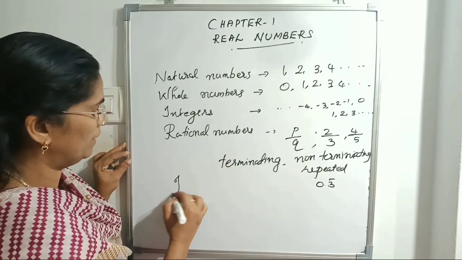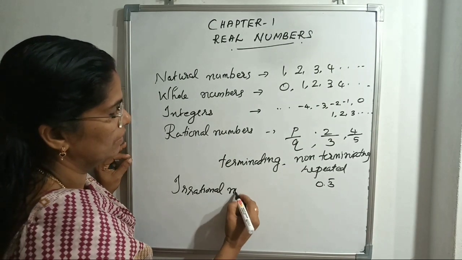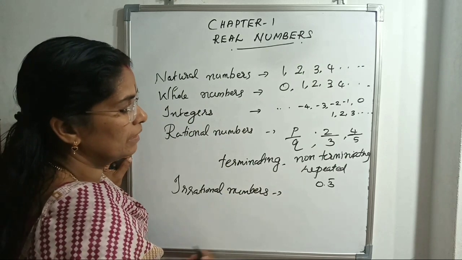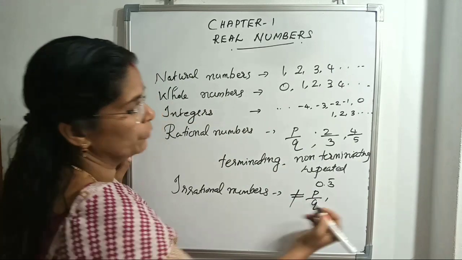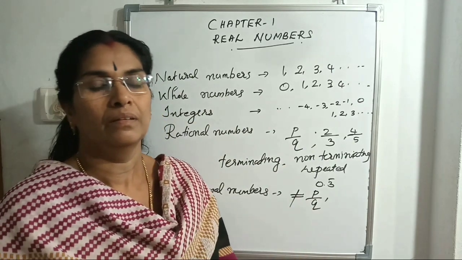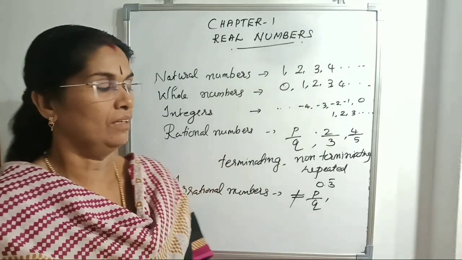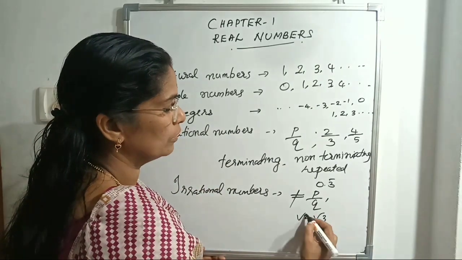And one more group is irrational numbers. Here we cannot write the numbers in the form p by q. That type of numbers are called irrational numbers. Can you see the examples? We learned root 2, root 3, pi.